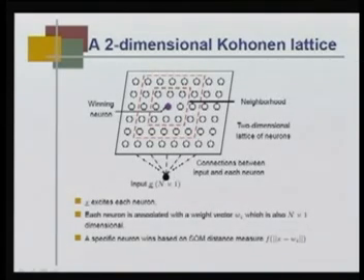So, if the input space is 3D, they will also learn the 3D topology. If the input space is 1D, they will also learn 1D topology. Okay. So, the way a 2D Kohonen lattice works is that this input data excites all the neurons. One of the neurons becomes the winner. The winner is decided by the Euclidean distance between the neuron reference vector and the input vector.